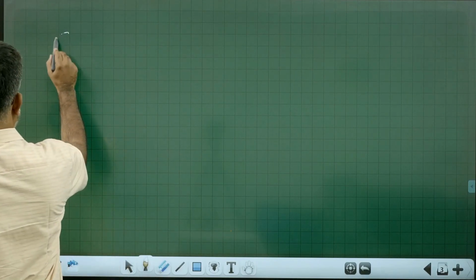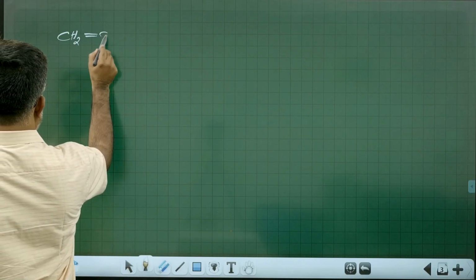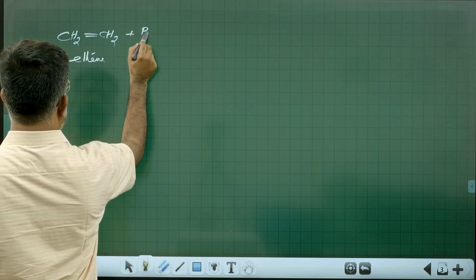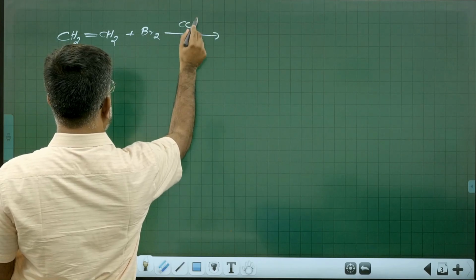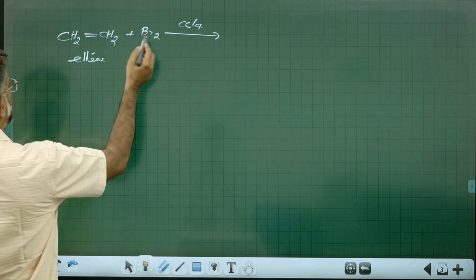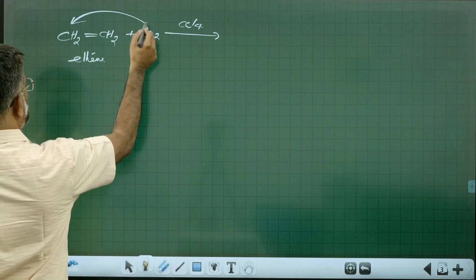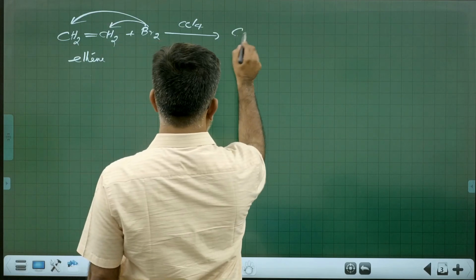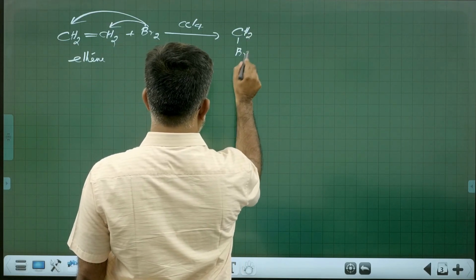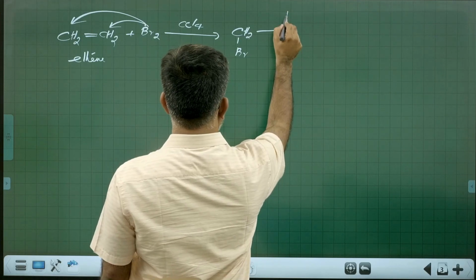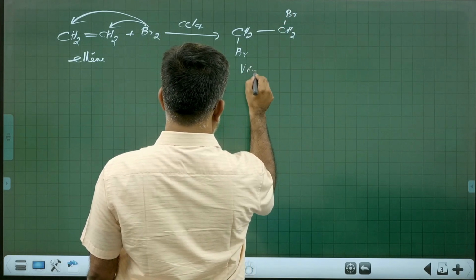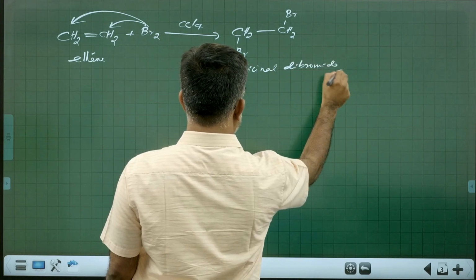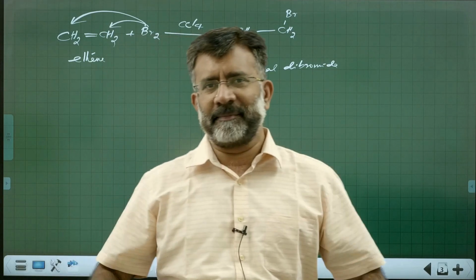If you talk about a symmetrical alkene like ethene, added with bromine in the presence of CCl4, I think all of you remember one bromine added over here, one bromine over here, and you get vicinal dibromide, CH2Br-CH2Br. There is something special about these reactions.